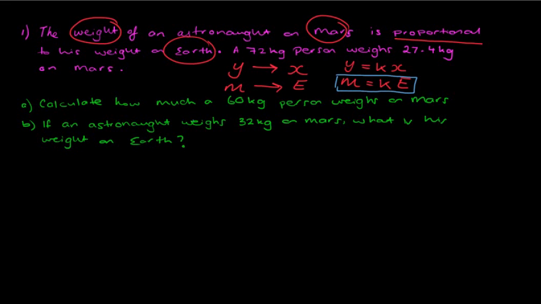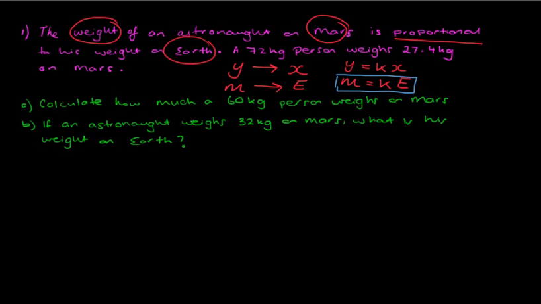And sometimes we can get confused about which value to use in the y and the x values. But straight away, when I've got M, I know that's the weight of the person on Mars, so I'll know that I'm talking about the 27.4 kilograms. If I'm talking about the weight of the person on Earth, we know it's the 72 kilograms. So it's very clear to me now where I should put things. And once you do this a few times, you'll start getting the swing of things. Now look, I write that down anytime I see a directly proportional question. That's something I write down straight away.